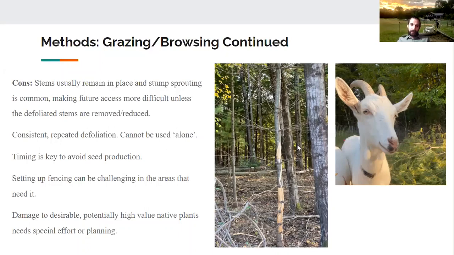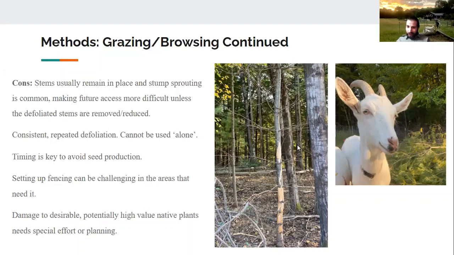We certainly don't want to delude ourselves into thinking that we're eliminating the problem if we're just letting the plants go to seed. And then fencing can sometimes be difficult. So yeah, those are sort of the cons.